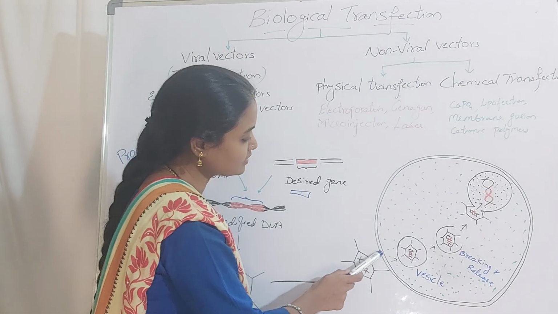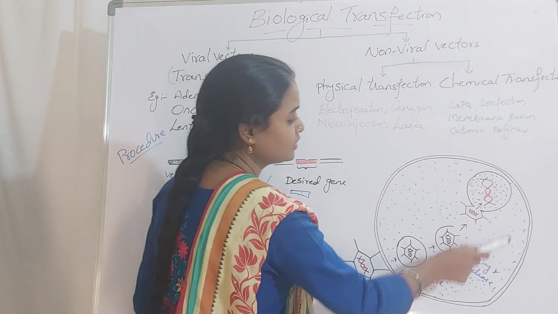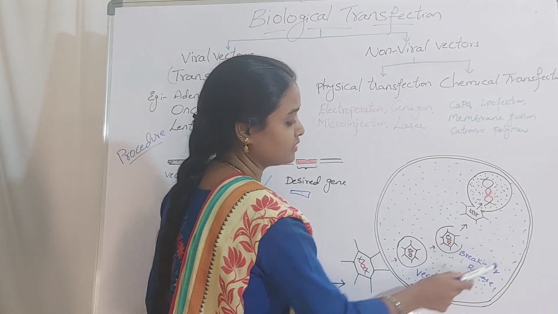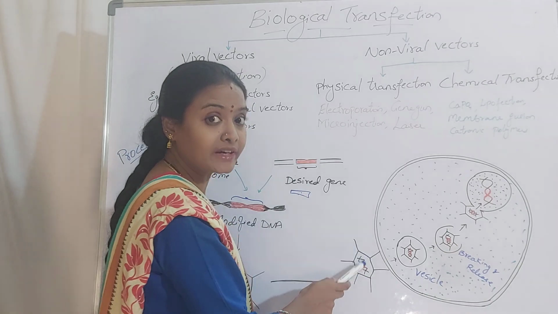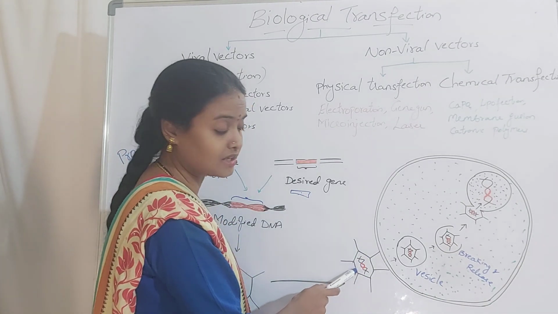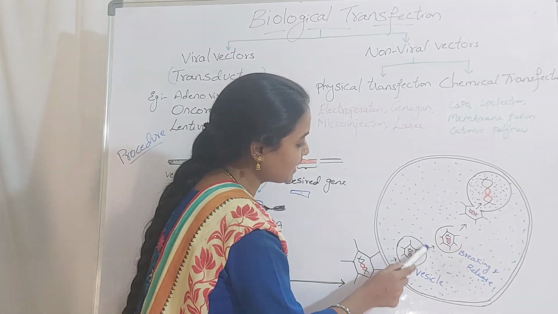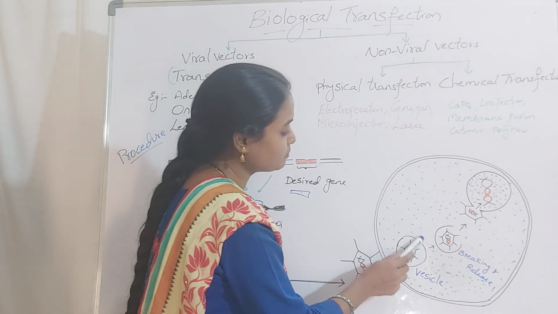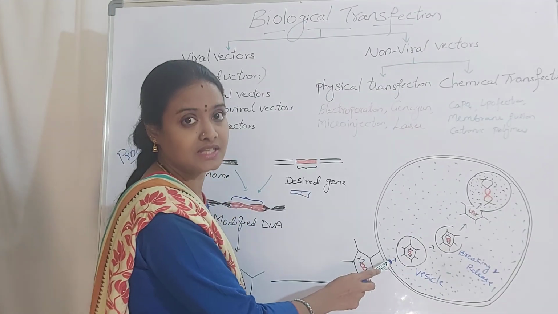After that it penetrates into the cell, into the cytoplasm. This green dots is nothing but the cytoplasm. The vector carrying the desired DNA has entered the animal cell and forms a vesicle around it, so the membrane present around this vector is the vesicle.